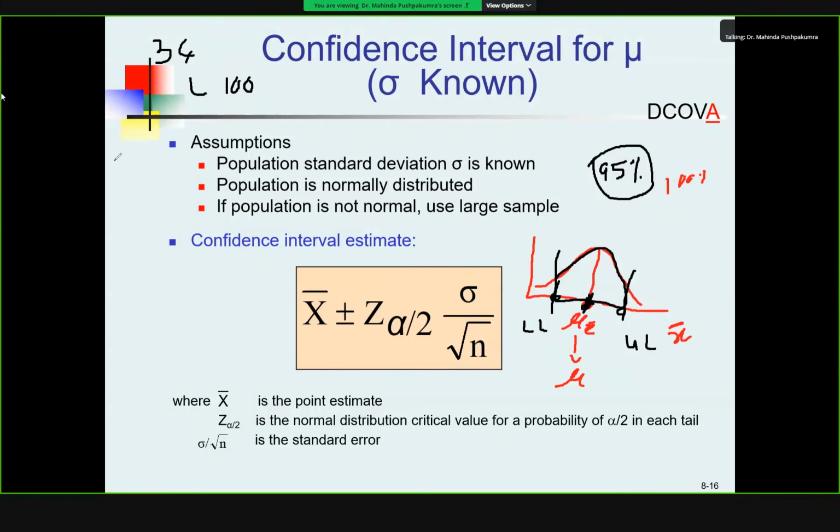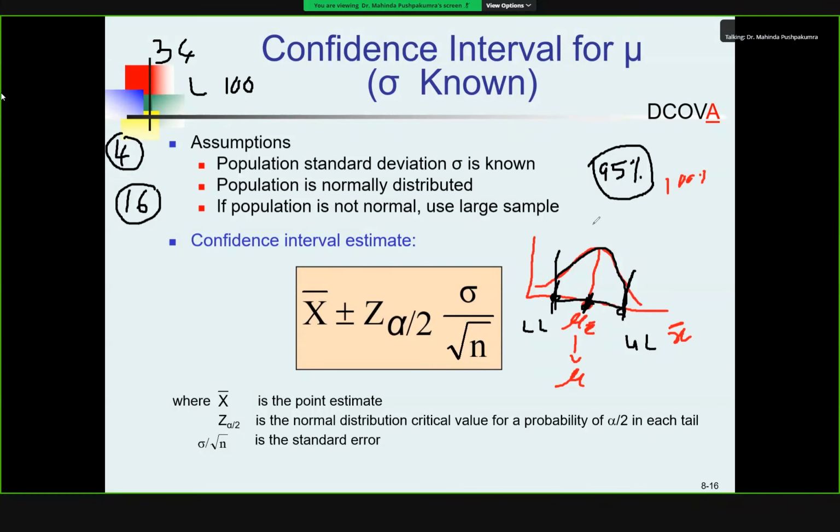Because you can remember we had population size 4. Then how many samples did we select? 16 samples we select. Then like this, if you select 100 samples, then my statement is I am 95% confident the population mean is between these two values.